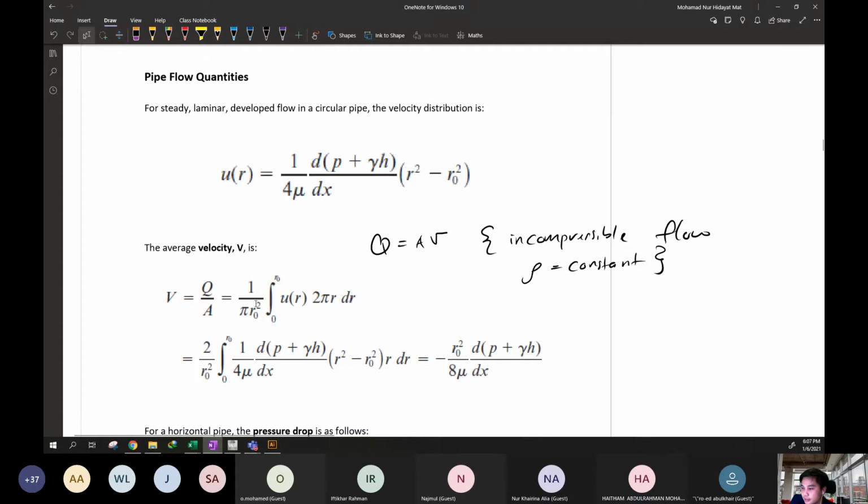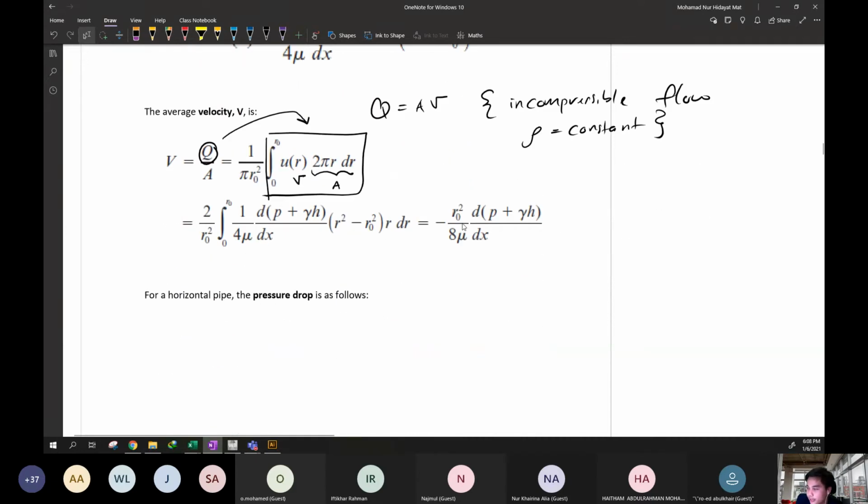Area is pi r squared and u(r). Q equal to AV. We try to substitute this one into this form. This is A and this is B. We do the substitution, so u(r), we substitute back into this equation, and finally we get the average velocity to be this one.